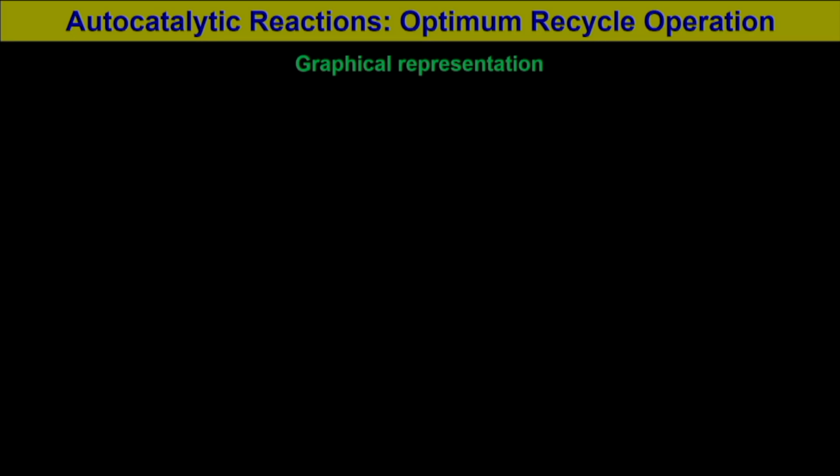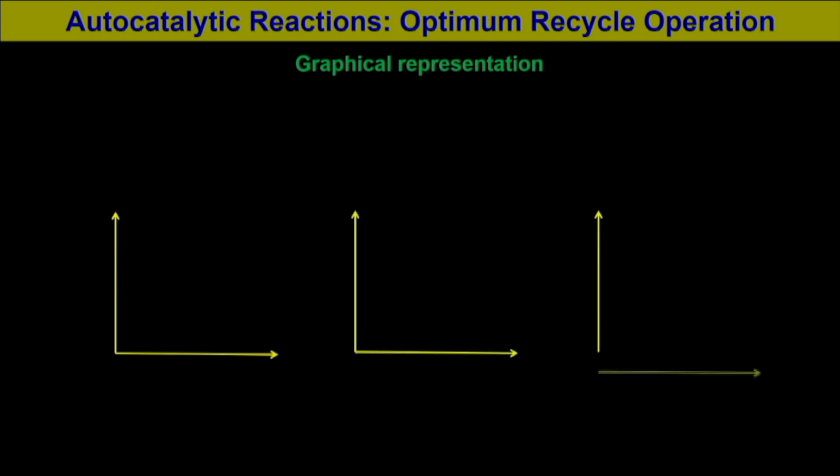This can be seen graphically. If we plot 1 by minus rA versus XA, we could see that if recycle is very high, then for this particular type of rate concentration curve, this is XAi to XAf, and this is XA naught, this is the area under the integral.